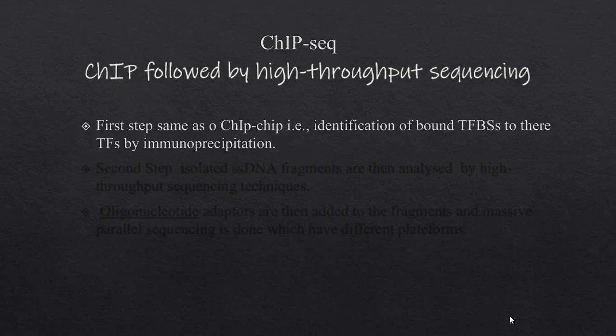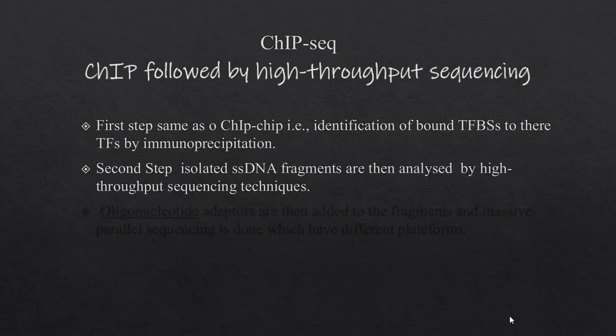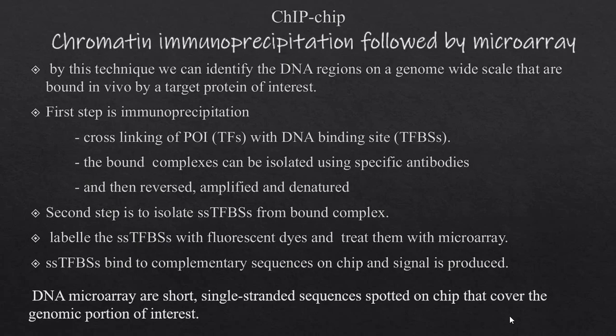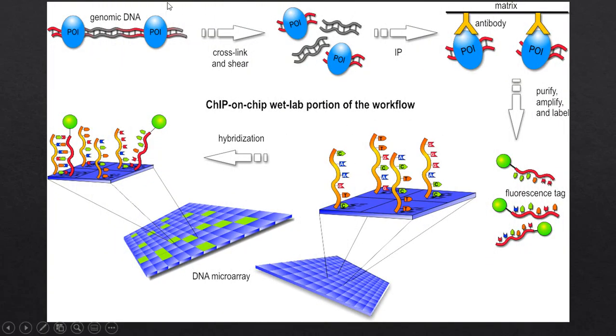The first step is the same as that of ChIP-chip: identification of the bound bases to the transcription factors by immunoprecipitation. The ChIP sequencing is the same up till this immunoprecipitation step.